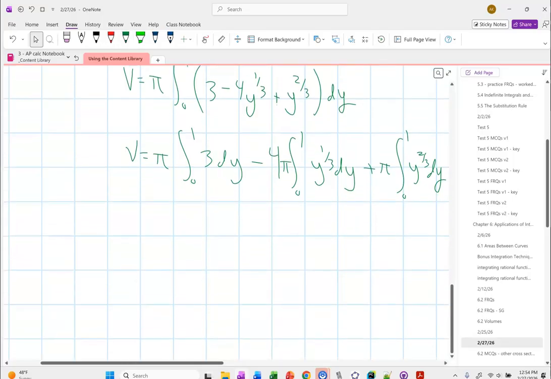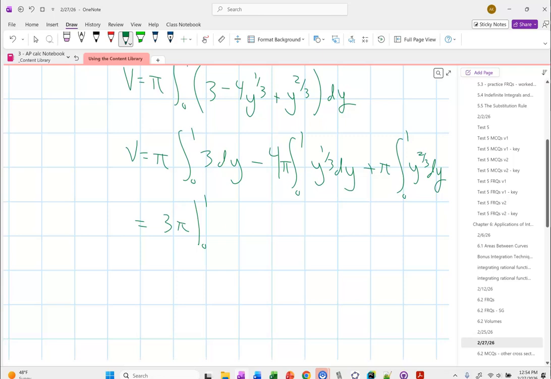All right, antiderivative time. So we have 3 pi from 0 to 1 minus 4 pi times the antiderivative of y to the 1/3, which is 3/4 y to the 4/3. And then the antiderivative of y to the 2/3 is?